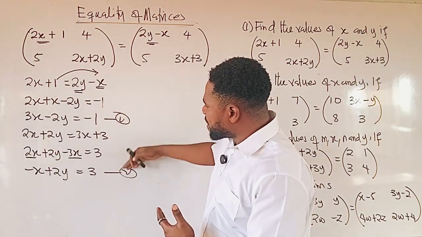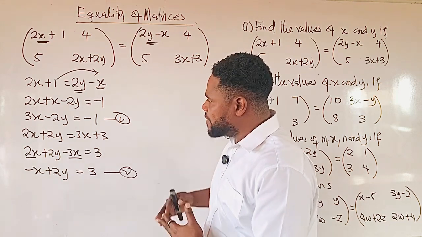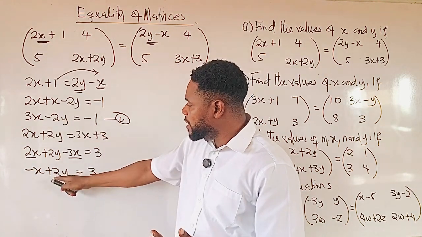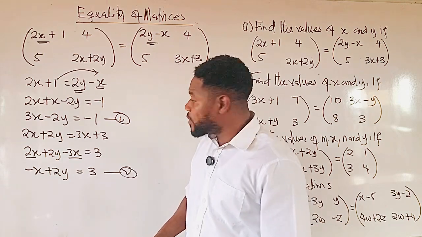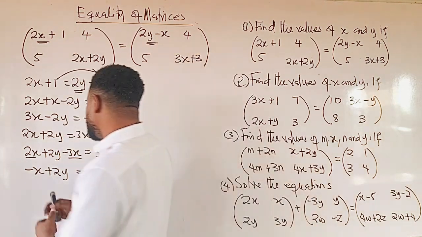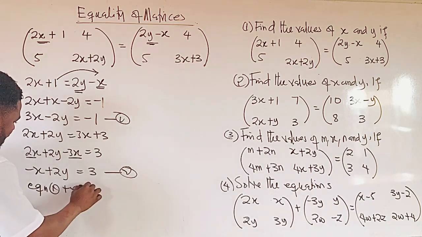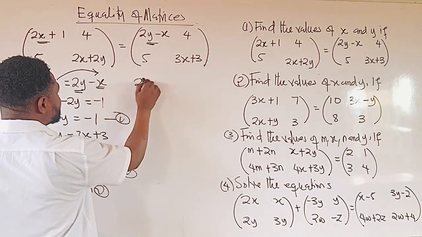Viewers, we have a simultaneous equation here, and I'm going to use the elimination approach. Since here I have minus 2y and here I have positive 2y, I can easily eliminate the y, all right, by adding equation 1 and equation 2. So simply equation 1 plus equation 2. So let's add and see. Here we have 3x plus minus x, and that will give us 2x.